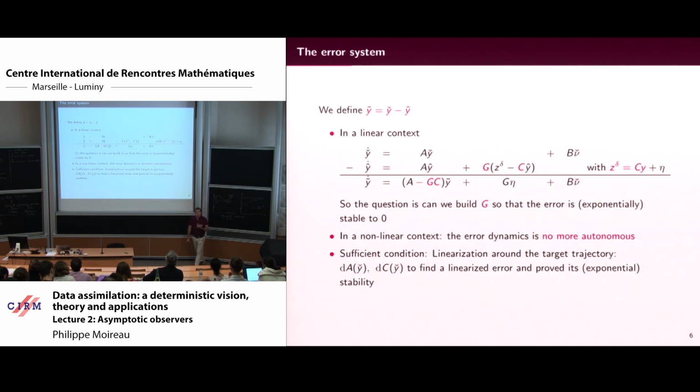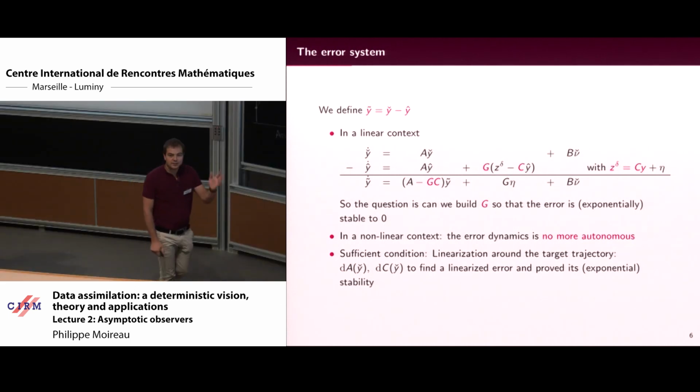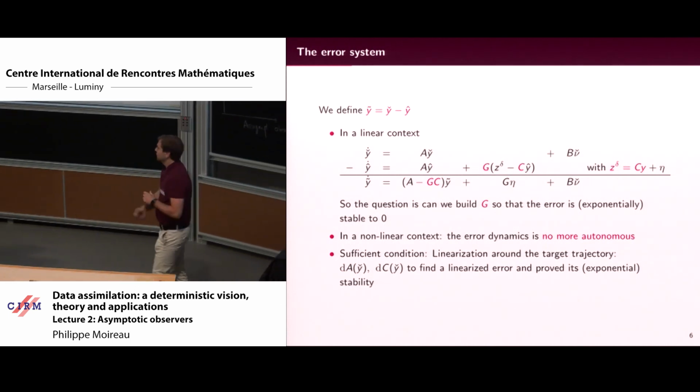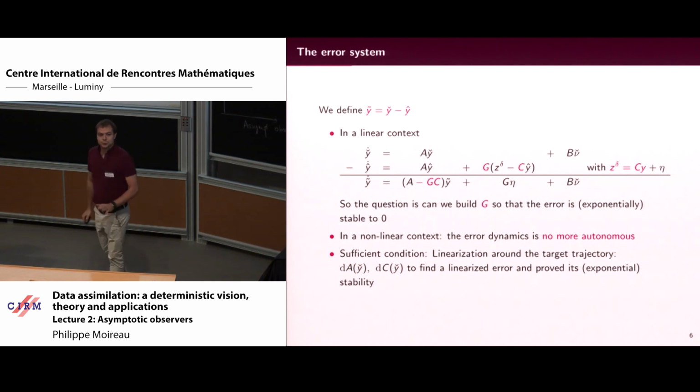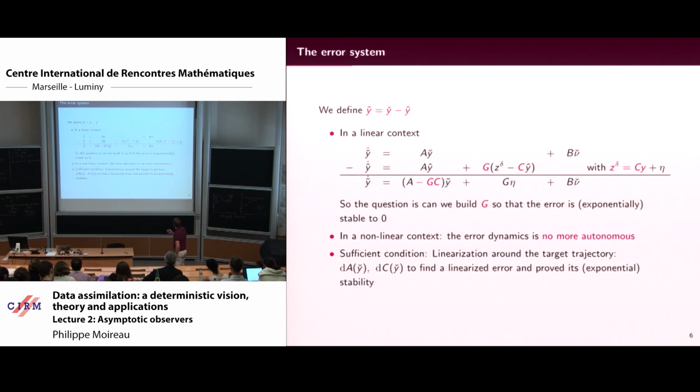And then when you have noise, you can control it, okay? And typically, if you have the stabilization for this part, then this part you will be able to control by Gronwall inequalities, okay? If your G is not too bad. So basically, that's the principle behind constructing an asymptotic observer.